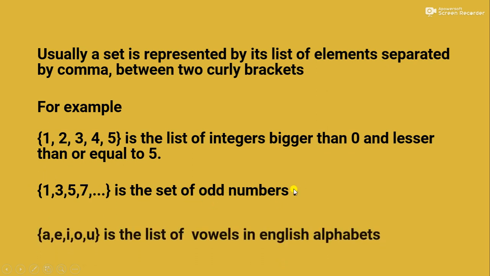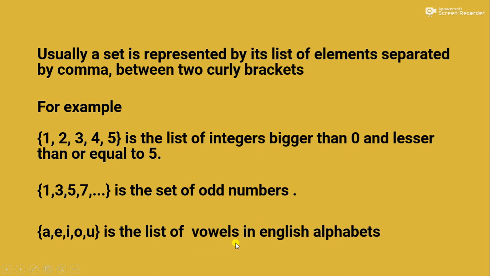Another example of a set is the list of vowels in the English alphabet. Inside the curly braces we put all the vowels: A, E, I, O, U. These are the elements of this set, and every element needs to be separated using a comma.